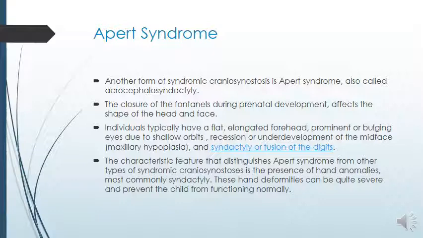They also have recession or underdevelopment of the midface, referred to as maxillary hypoplasia, and they have syndactyly, or fusion of the digits. The characteristic feature that distinguishes Apert syndrome from the other types of syndromic craniosynostosis is the presence of the hand anomalies, most commonly the syndactyly. These hand deformities can be quite severe and prevent the child from functioning normally.